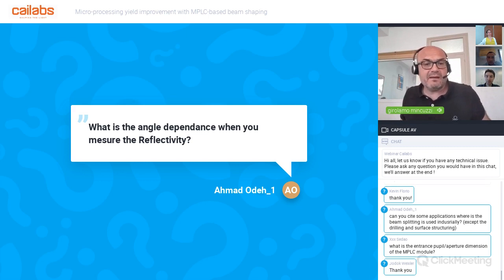But I would say that in light of the mechanism at the base of the blackening, so the light trapping that we manage to make using the morphology I showed, I don't expect to observe a huge variation when I increase the angle.